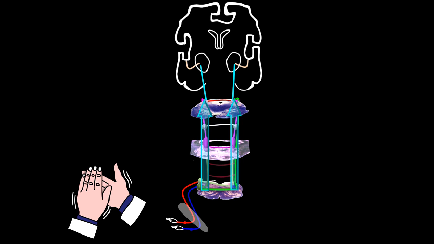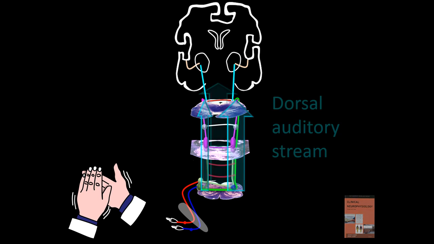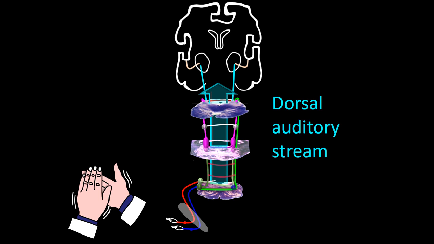Some believe that this ascension through the brainstem is synchronized and rather symmetrical. Others consider that more fibers ascend on the contralateral side to where the stimuli came in, while others believe that there are two pathways, one dorsally and another pathway ventrally.